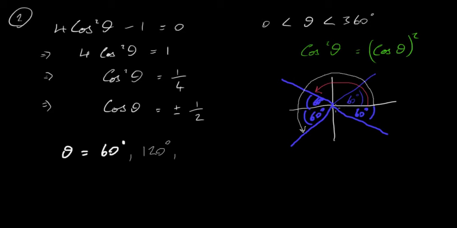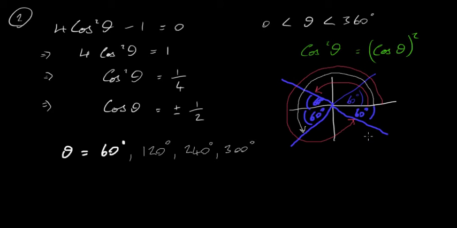Now that's going to be 180 degrees plus 60 degrees, which is 240 degrees. And finally we can see that theta can be from 0 all the way around to here. That's 360 degrees minus this 60 here. That's just going to give us 300 degrees.